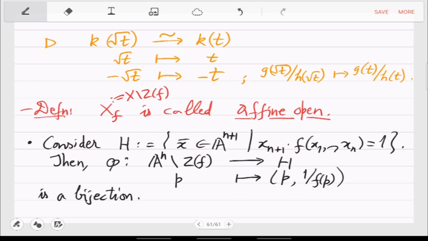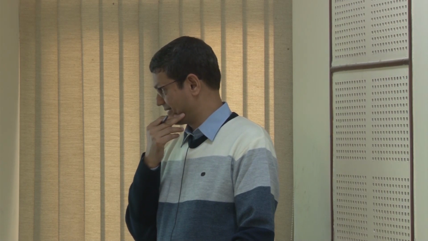So we'll also call X_f an affine open because it's like a variety. Although the confusion here is that it's not a variety in the affine n space. It was not closed there. There it was only quasi-affine. But in a bigger space it is affine.